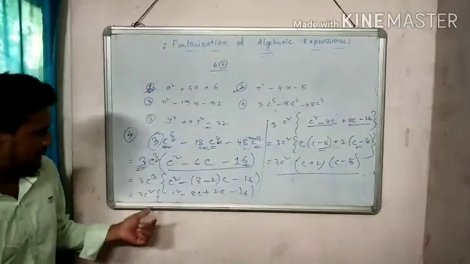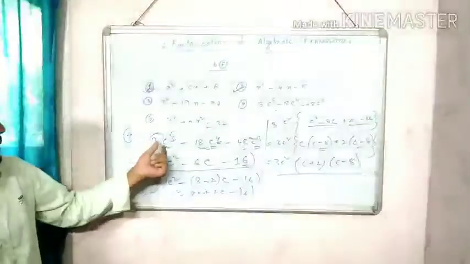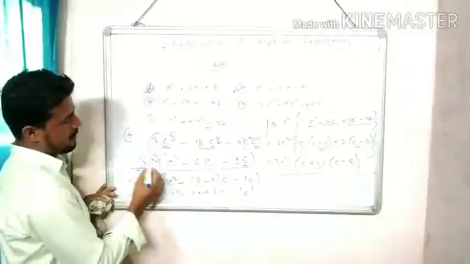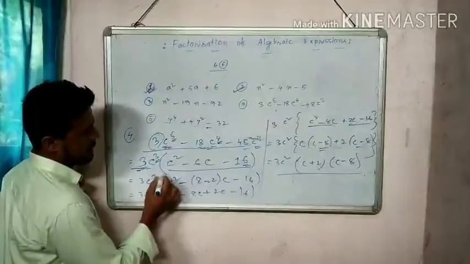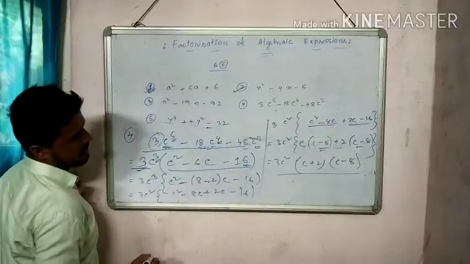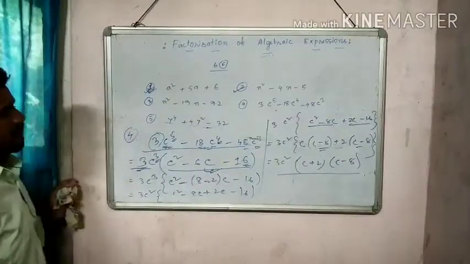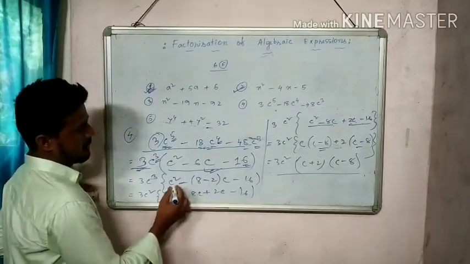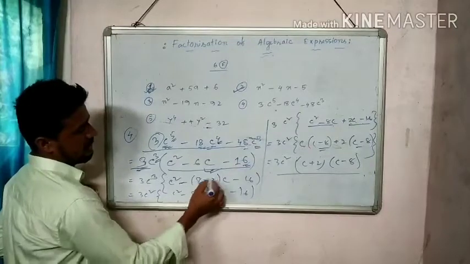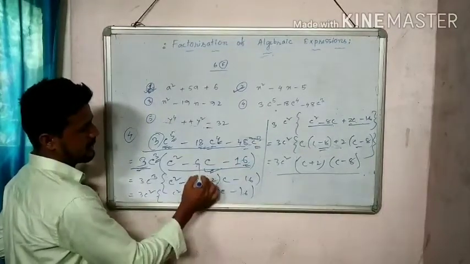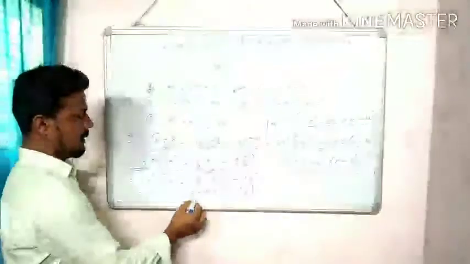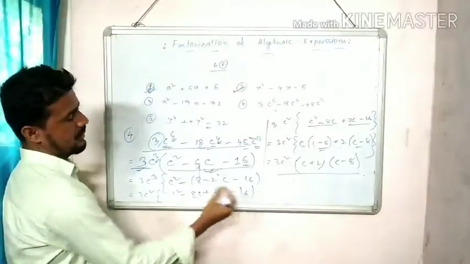I hope you understand. I am repeating from here. Given 3c to the power 5, 18c to the power 4, 48c cube, you can take 3c cube common. Taking 3c cube, what is left is c square minus 6c minus 16. Now factorize this expression: 8 into 2 is 16, and 8 minus 2 gives 6. So c square minus 8c plus 2c minus 16.